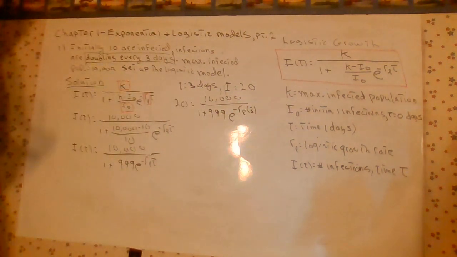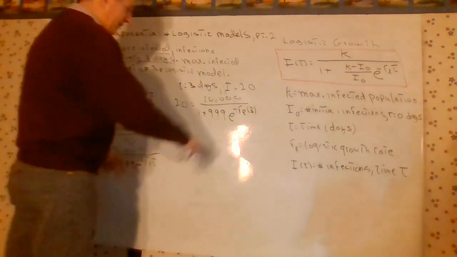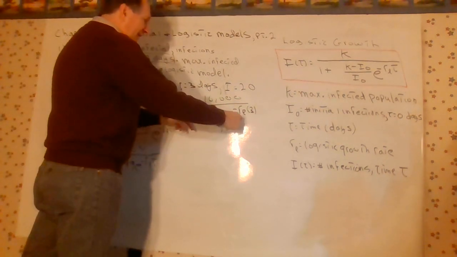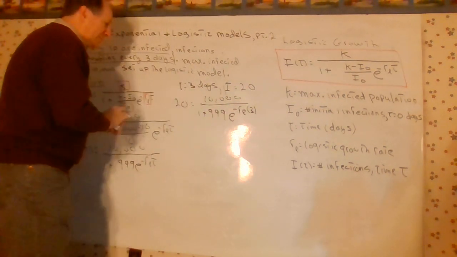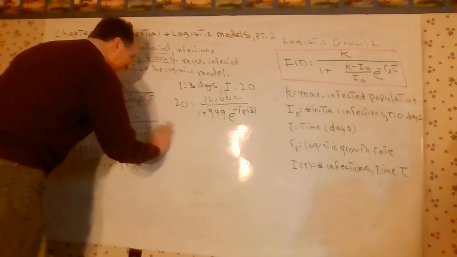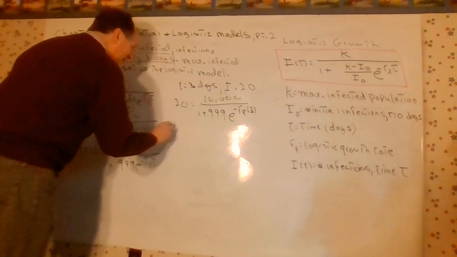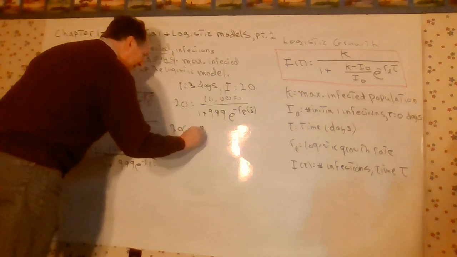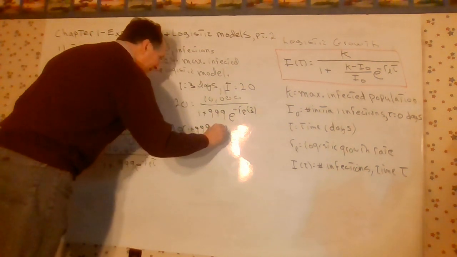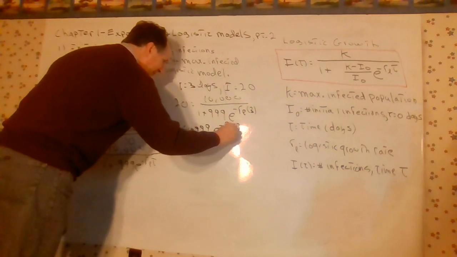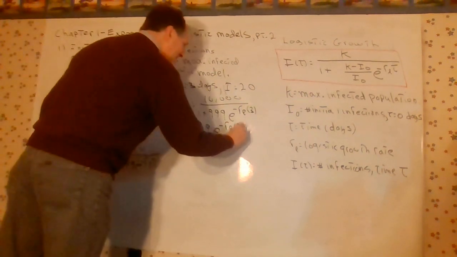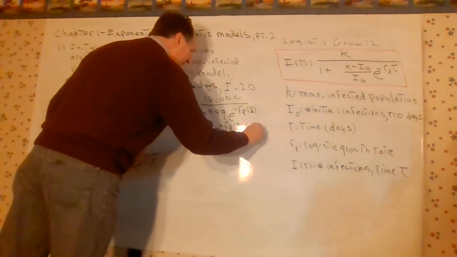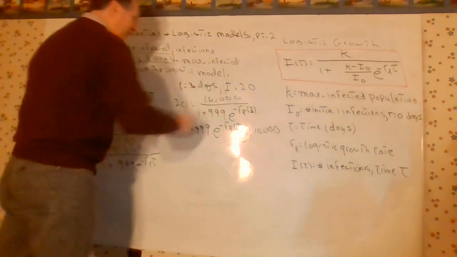Another question is, how do we solve for R_L? Well, you can multiply both sides by this factor, or cross multiply, however you wish to do it. You have 20 times (1 plus 999 e to the minus R_L times 3) equals 10,000.